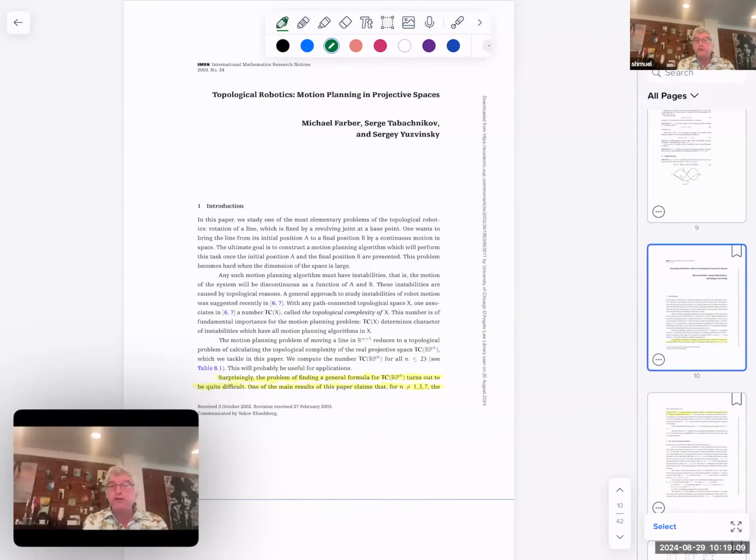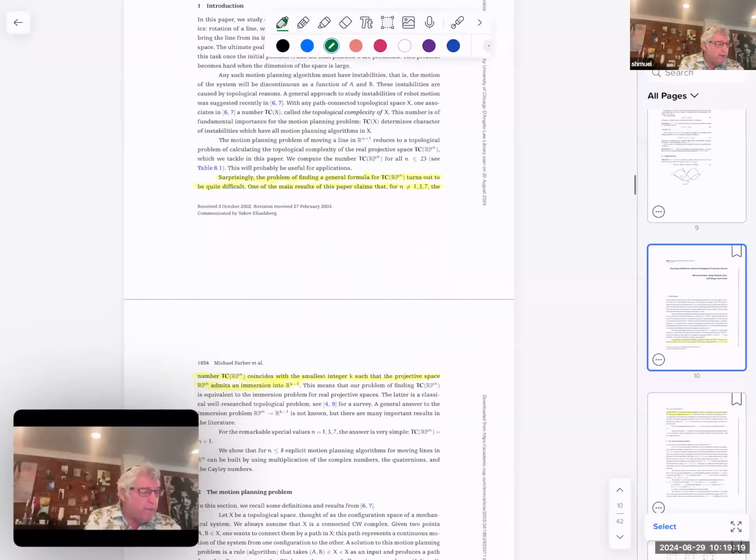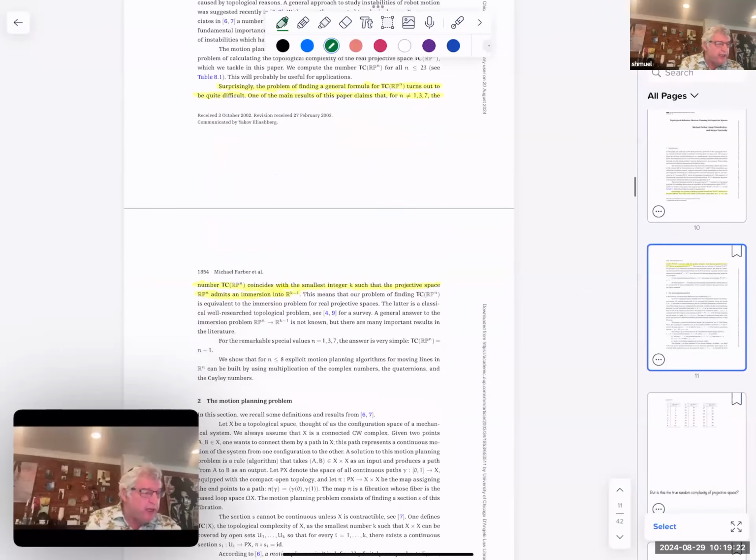For spheres, this was in Misha's very first paper, there's a difference between odd dimensional spheres and even dimensional spheres, but for RPN, it turns out to be related to a classical problem in homotopy theory of immersion theory. So I hope you can see it here in the yellow, right.